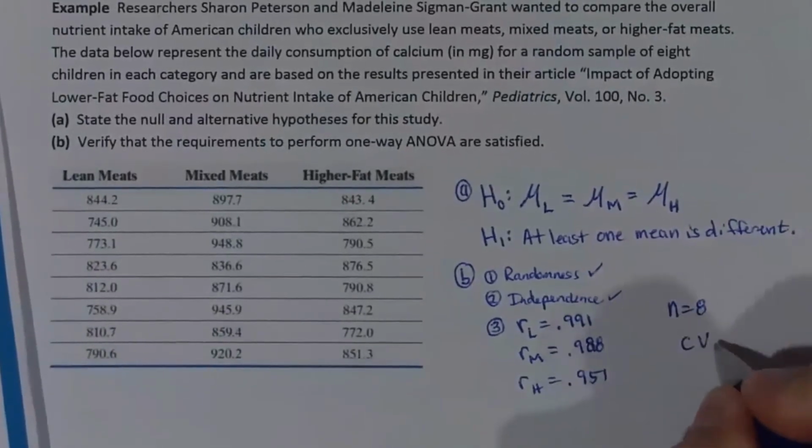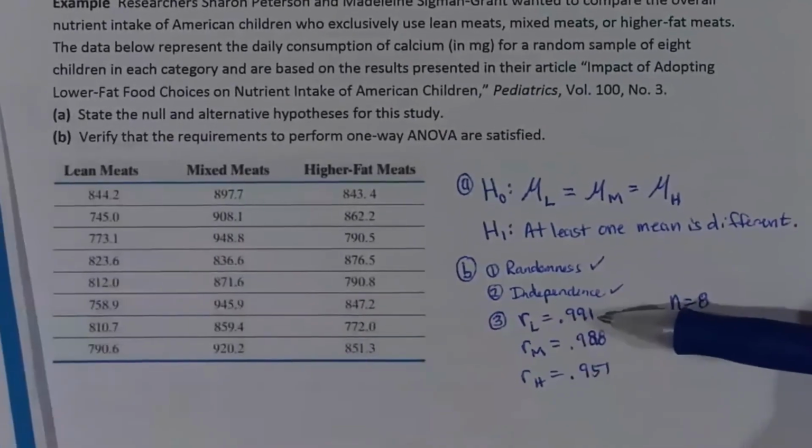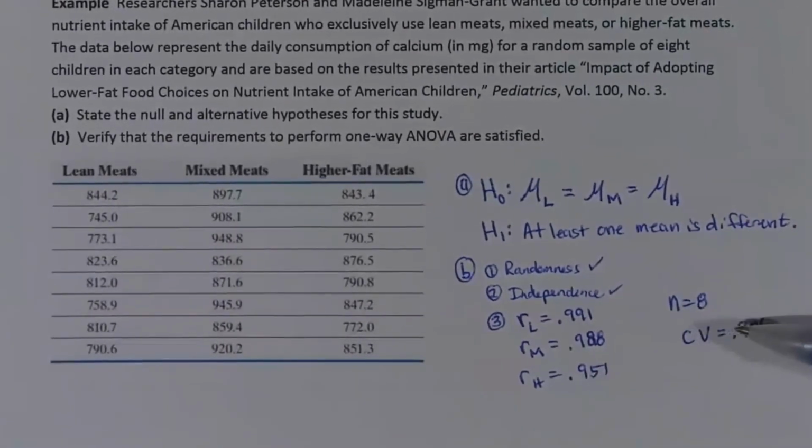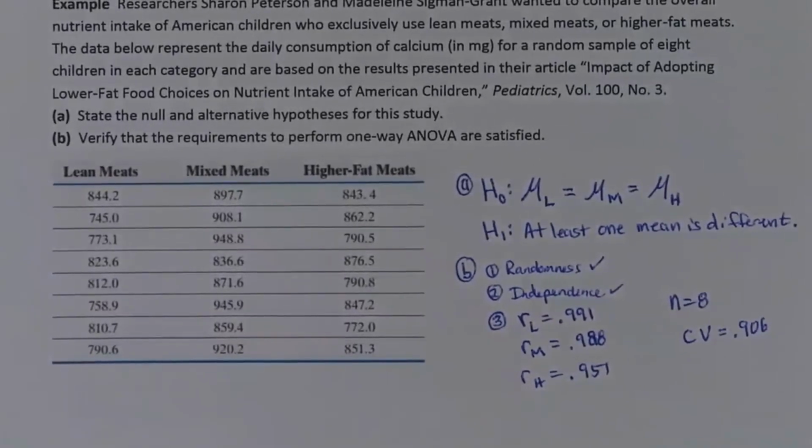So our critical value is 0.906. So because all three of our correlation statistics are greater than 0.906, that indicates that all three populations probably come from distributions that are normal.